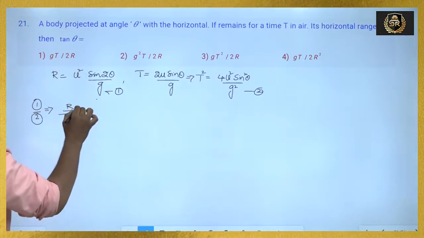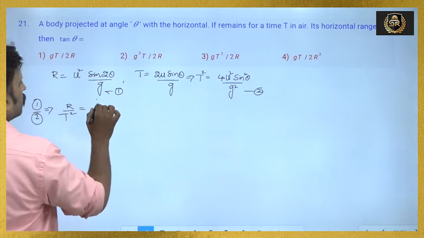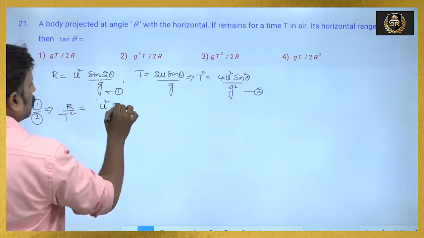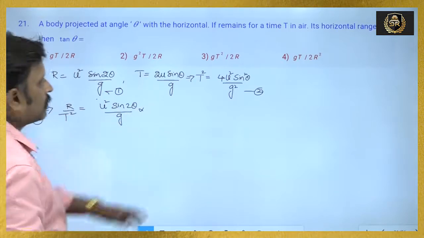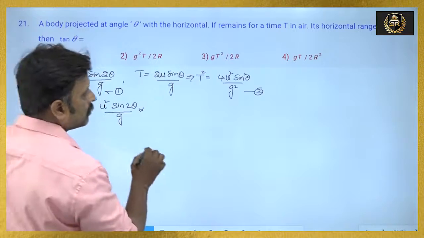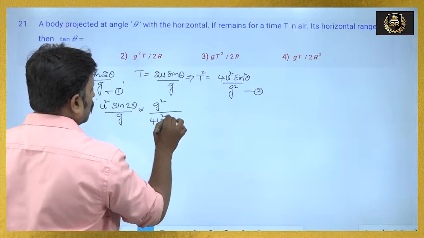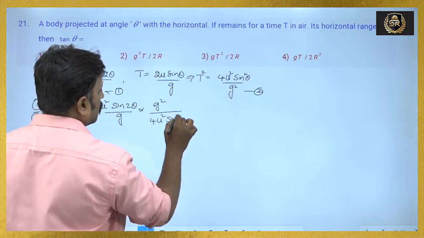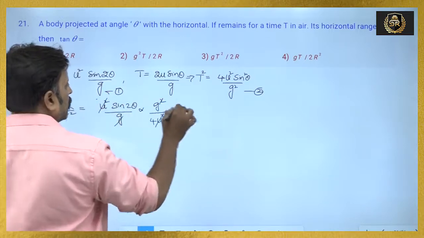R by t square is equal to u square sin 2 theta by g into, if you divide that, this denominator will come to numerator. It becomes g square by 4u square sin square theta. Do one thing, u square you cancel, 1 g you can cancel.